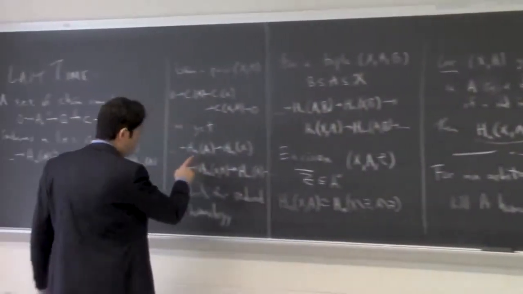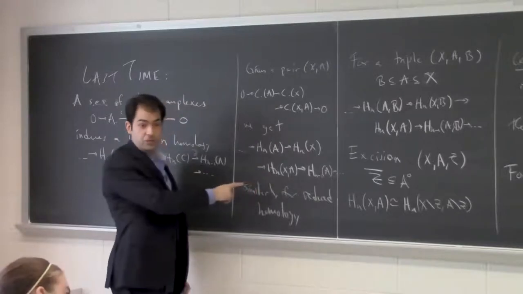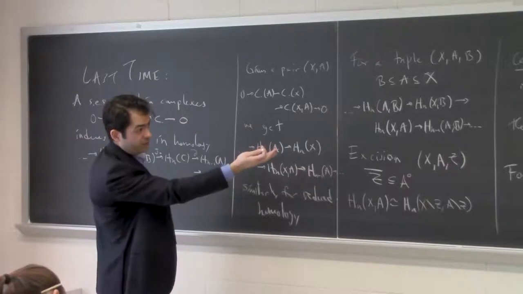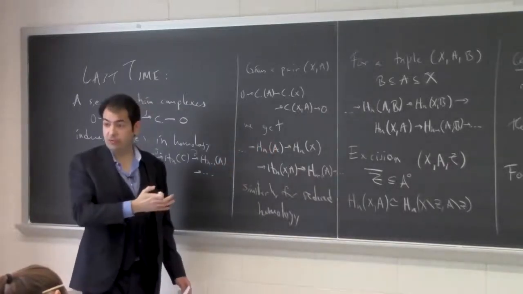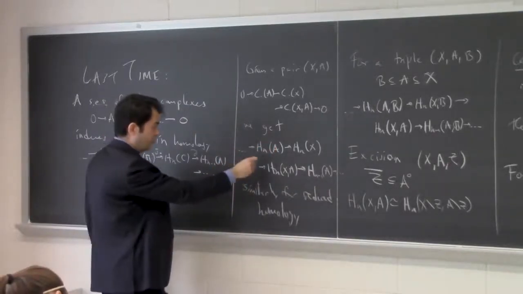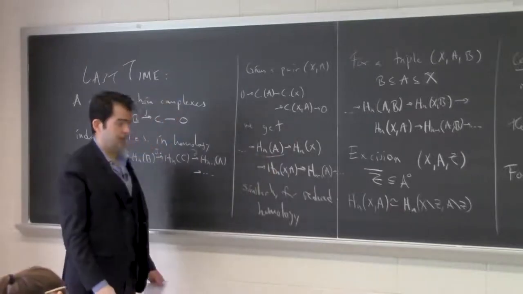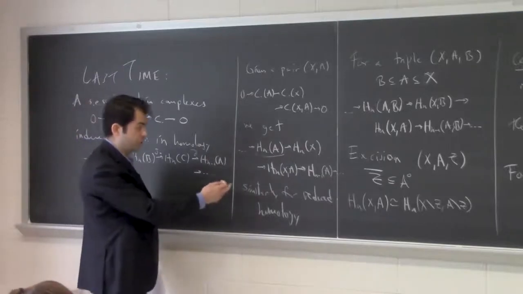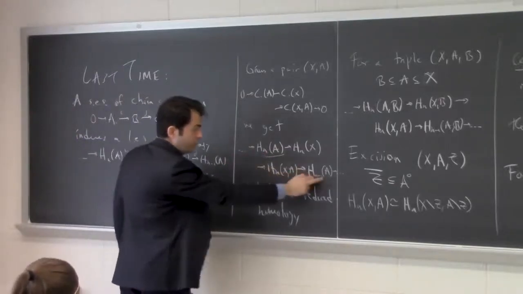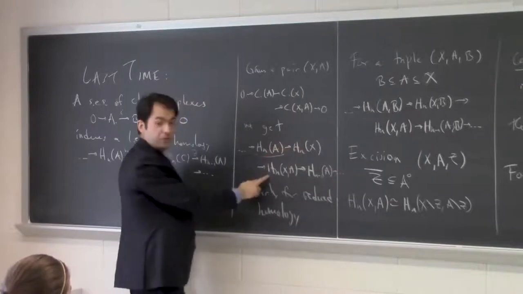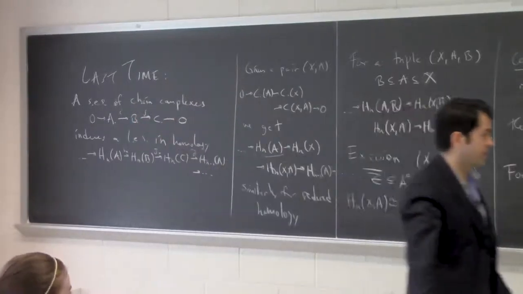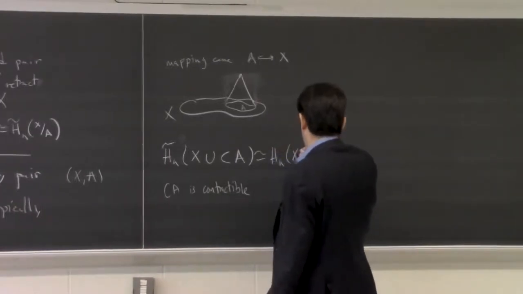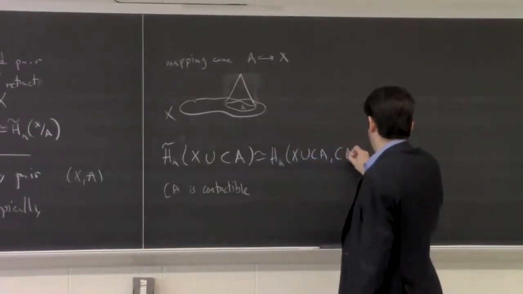So if we were to look at this sequence for the pair of spaces where that's the big space and the cone of A is the smaller space, then every time there's an H_n of the cone, you would get 0, because it's contractible. So all of its reduced homology groups are 0. So if this is 0 and this is 0, then this map is an isomorphism. So in this case, that would say that this is the same as this relative to the cone.